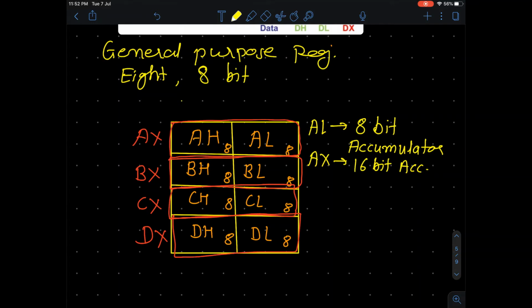Now the AX or AL register can be used as a general purpose register, and the special purpose of this register is that it is used as an accumulator.